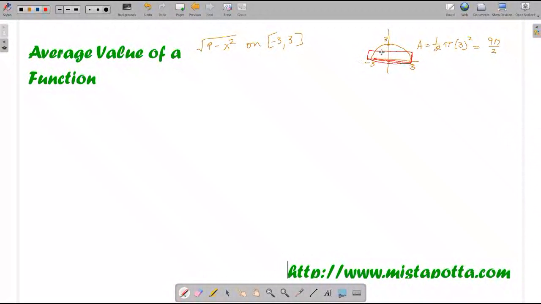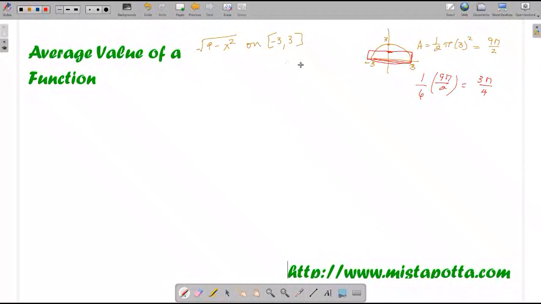And this height ends up being 1/6 of 9 pi over 2, or 3 pi over 4. So this is my average height of my function.